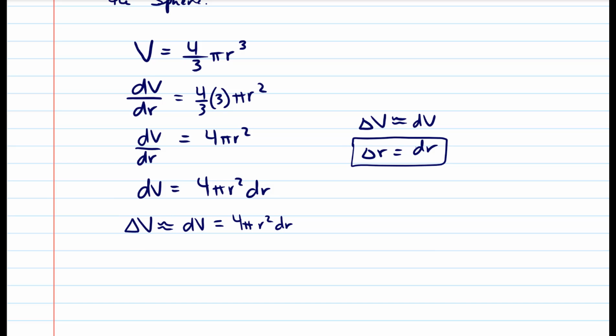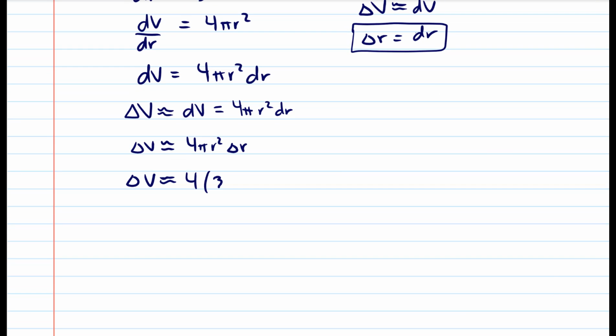Or even better, technically you can say approximated by 4 pi r squared dr, the difference there.